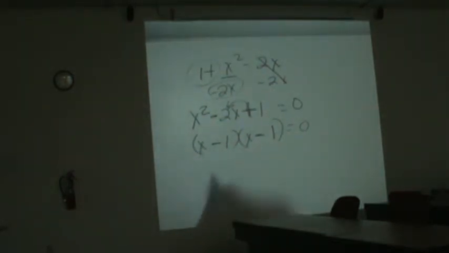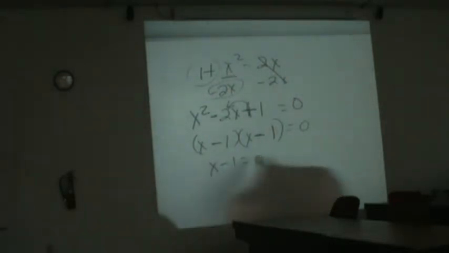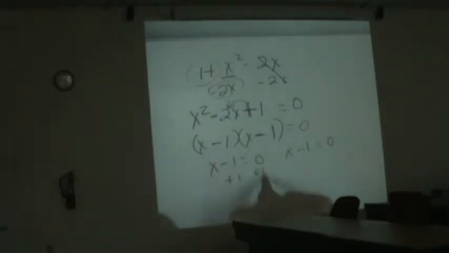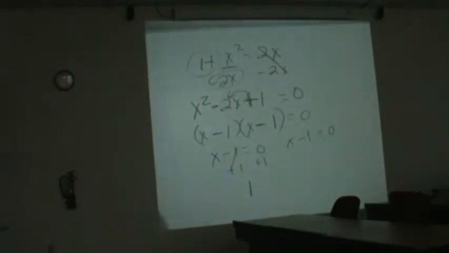So they're both the same. So when you set them equal to 0, you're going to have 2 of the same answer, right? When you solve it, you don't have to solve both of them because they're the same thing, okay? You just need to solve it once, and your answer is just 1. You don't have 2 things for x. You don't have 2 solutions. You just have that 1 solution.